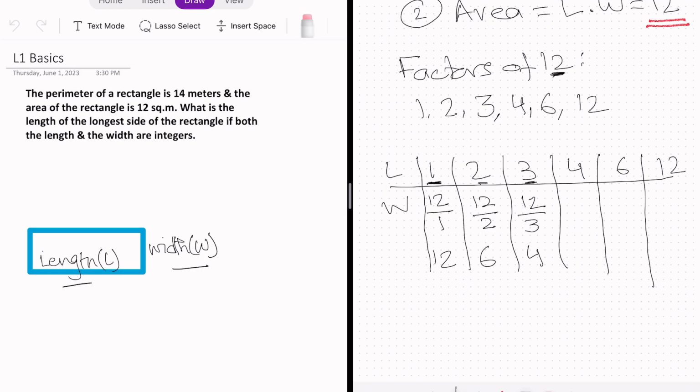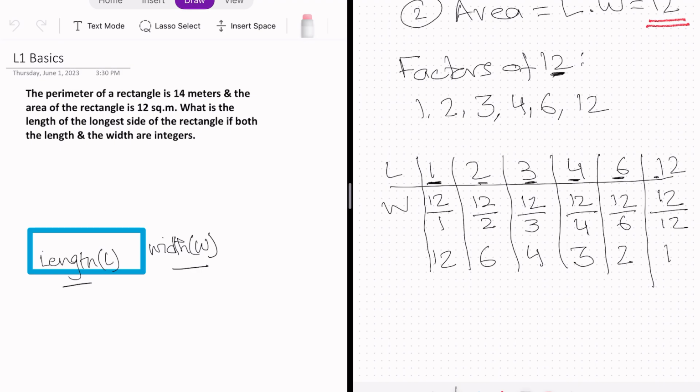In this case, when the length is 4, the width would be 12 by 4, which is equal to 3. In this case, length is 6, so the width would be 12 by 6, which is equal to 2. And in this case, when length is 12, the width would be area divided by the length, which is equal to 1.